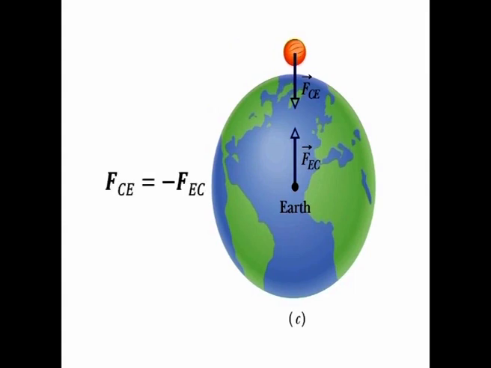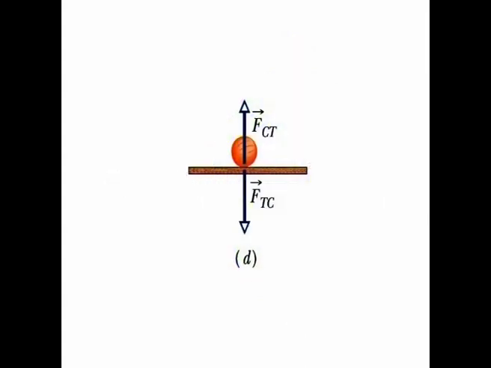Thus, by Newton's third law, FCE equals minus FEC. Next, in the muskmelon table interaction, the force on the muskmelon from the table is FCT, and conversely the force on the table from the muskmelon is FTC, as shown in figure D. These forces are also a third law force pair, and so FCT equals minus FTC.